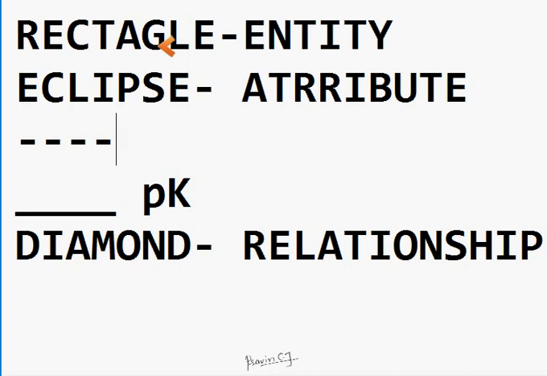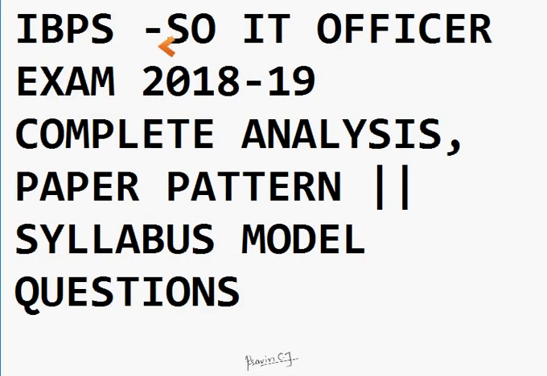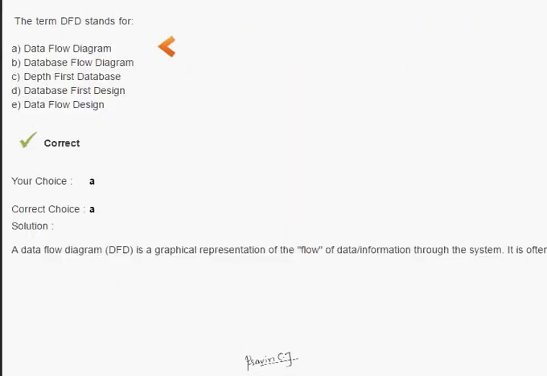A weak attribute is represented by a dotted line below the attribute name. That is regarding the ER diagram. The question was regarding the data flow diagram, so these are the most important terms we are going to discuss here.